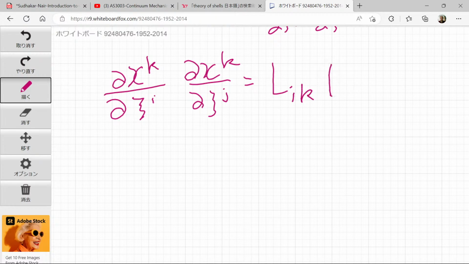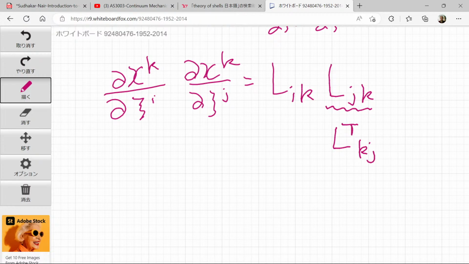And the second one can be written as jk. So then you can make this guy. This guy is actually the same thing as L transpose kj.